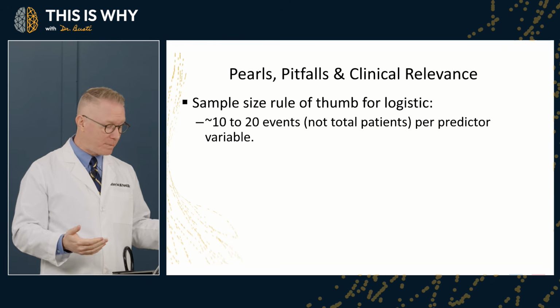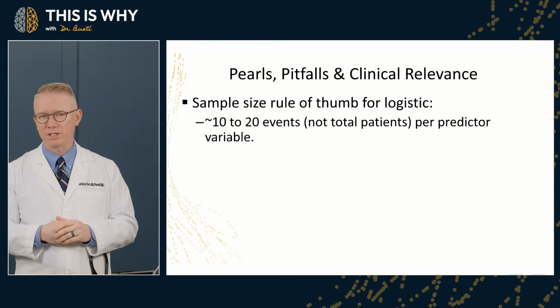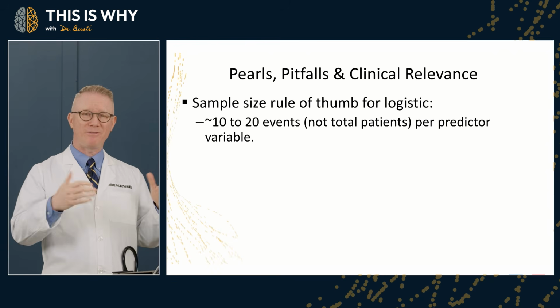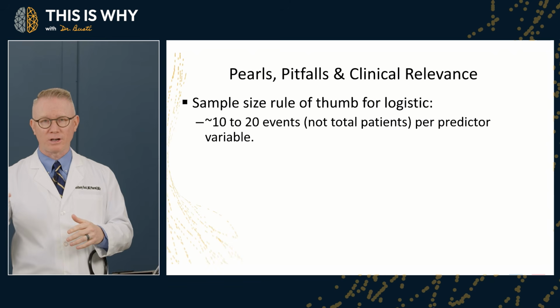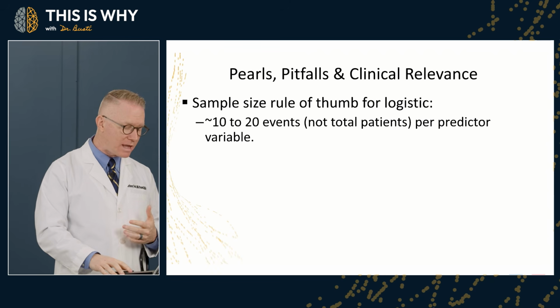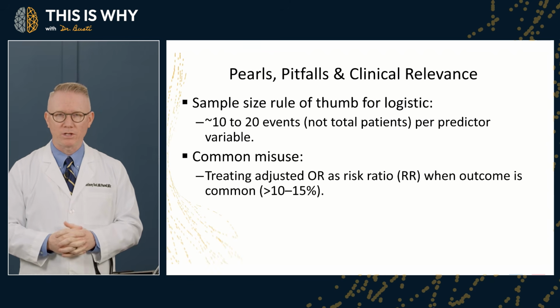You also need enough people. So there's a sample size rule of thumb, if you will, for logistic regression. You need 10 to 20 events, not patients per se, but events per predictor variable so that you have enough to get that proper mathematical objective evaluation.